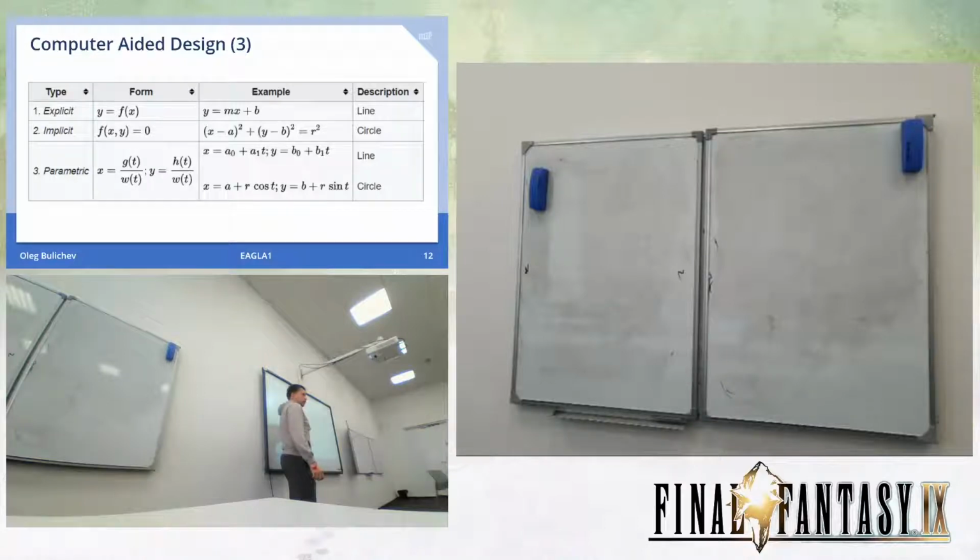We used to write x squared plus y squared equal to r squared. The implicit form is equal to 0, a function with respect to two variables. And we can represent it in parametric form, like this.